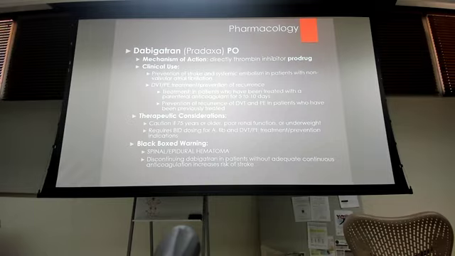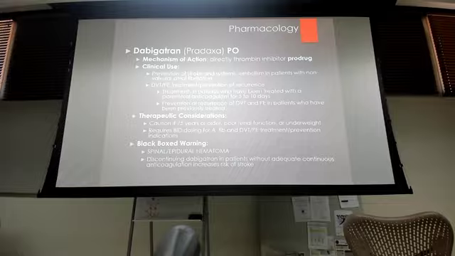Dabigatran. It's the only oral direct thrombin inhibitor. It's a prodrug that, when you take it, converts to its active form once it's absorbed. You're going to use it for preventing stroke and systemic embolism in non-valvular atrial fibrillation.